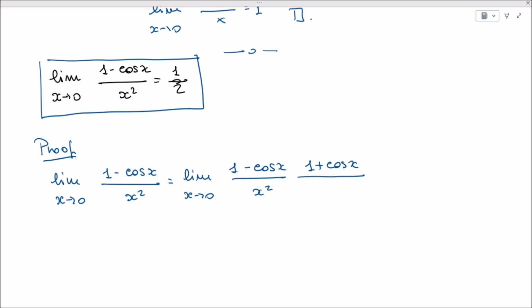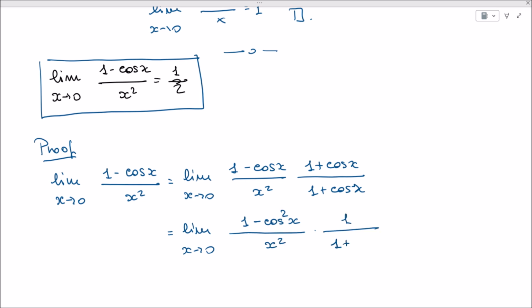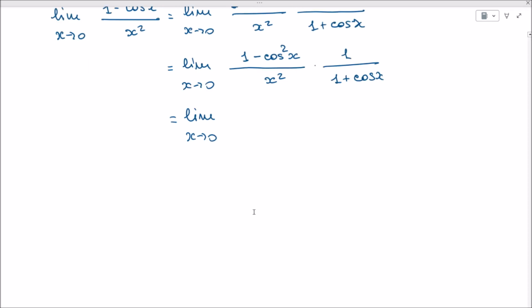I can do this, nothing changes, and this gives me the limit as x goes to 0 of 1 minus cosine squared of x divided by x squared times 1 plus cosine of x, right? But this again can be written as the limit as x goes to 0 of sine squared of x divided by x squared times 1 divided by 1 plus cosine of x.